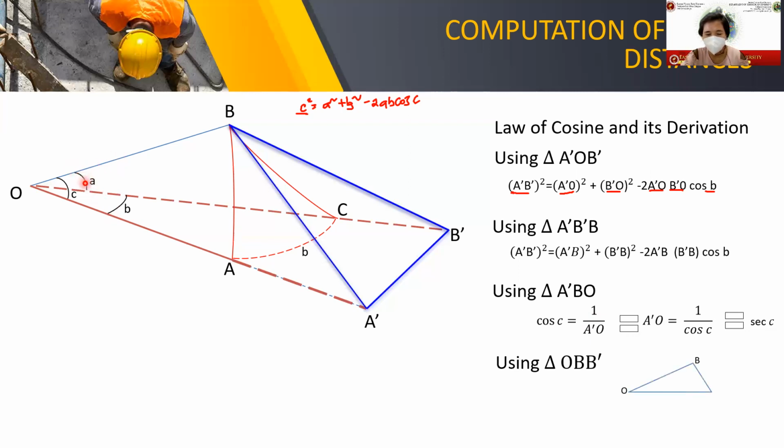So we draw, we have a separate illustration on that. So since this A, B, and B prime, this is O, B, and B prime, this is angle A, right?